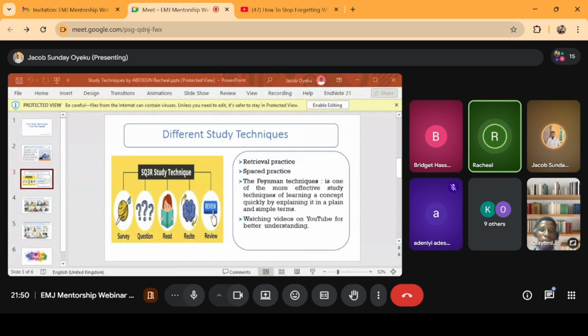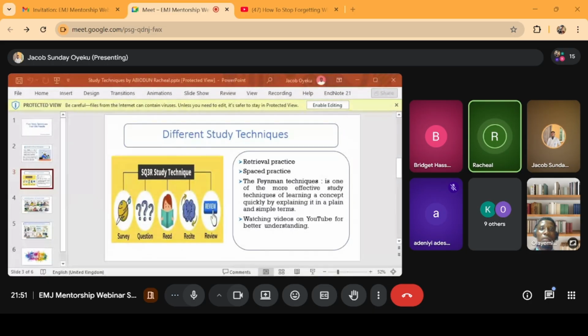And the first one is the SQ3R study technique. The S stands for survey. It's just like you have your notes. Let me use this slide as an example. The first slide was the definition of study techniques.